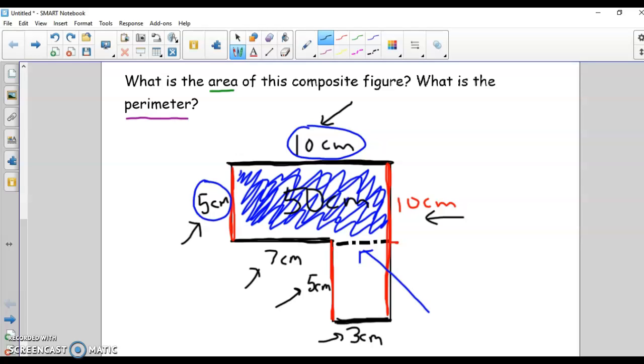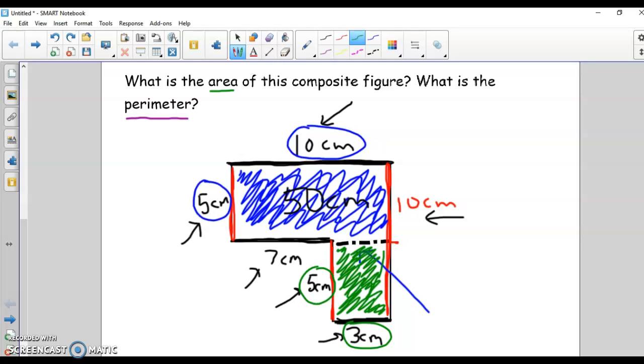We're not finished though. We're going to have to find the area of this little rectangle too. We also have the length and the width of this one.